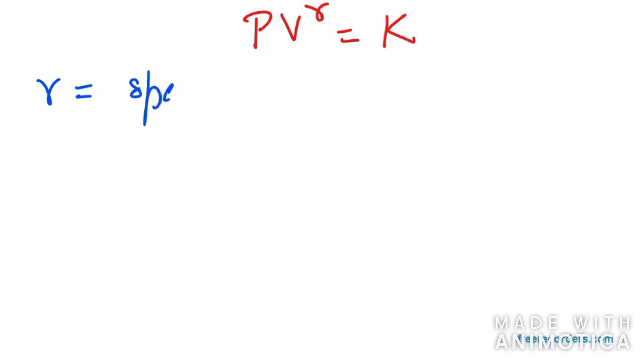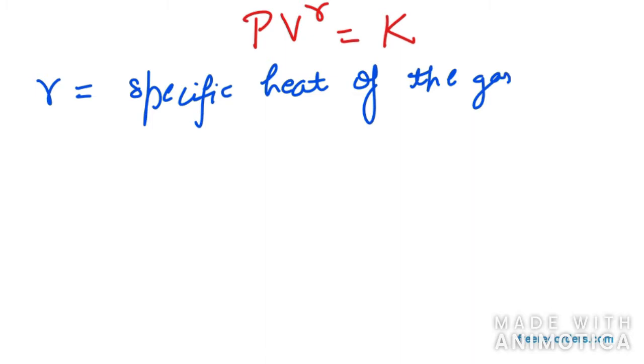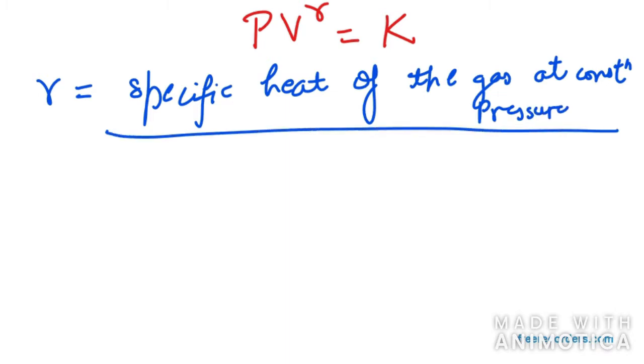So we need to denote it: specific heat of the gas at constant pressure, over specific heat of the gas at constant volume.